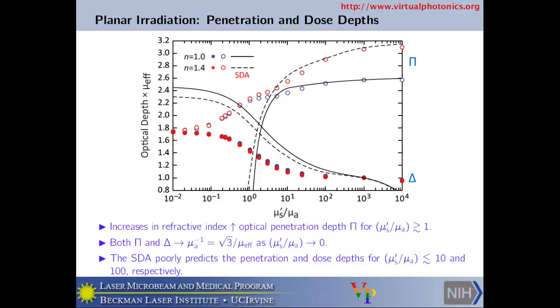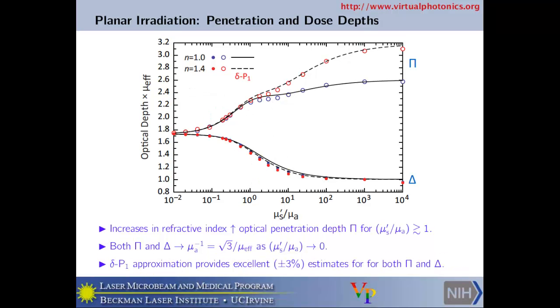But below about 10 or 100, depending on how much error you're willing to tolerate, for mu-s primes over mu-a's, it's really catastrophically bad. The dose depths are pretty much universally bad unless you get out to ratios of scattering to absorption of about 100, but it's actually really, really poor.